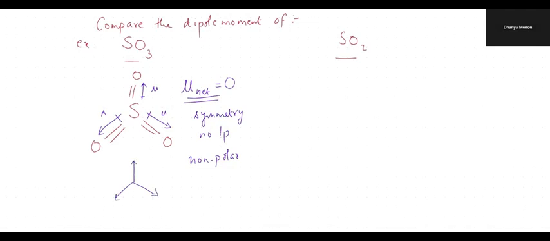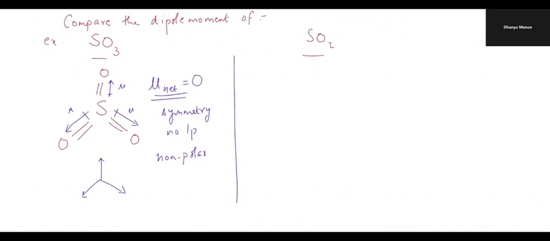Similarly, consider sulfur dioxide. We studied its structure when we were doing the lesson on Lewis structure, and there is a lone pair of electrons. Let's draw the dipole.